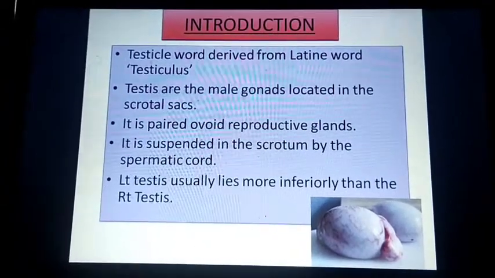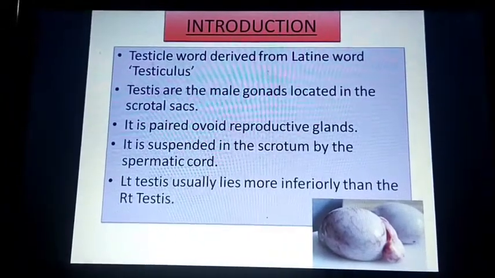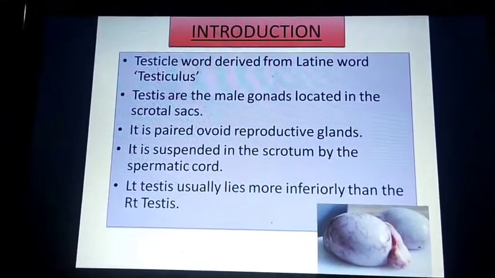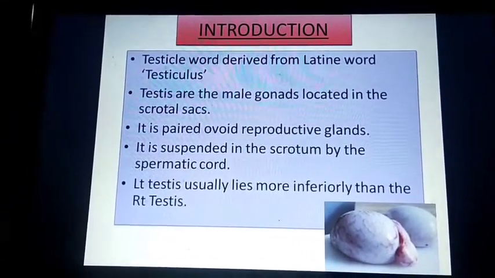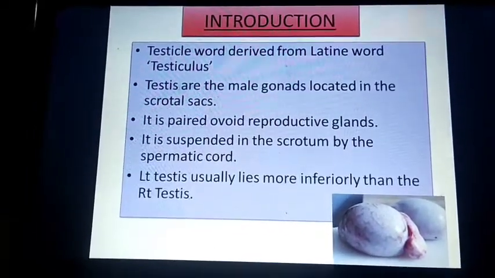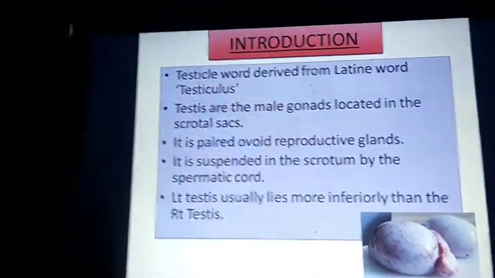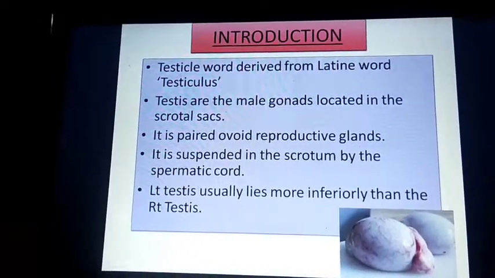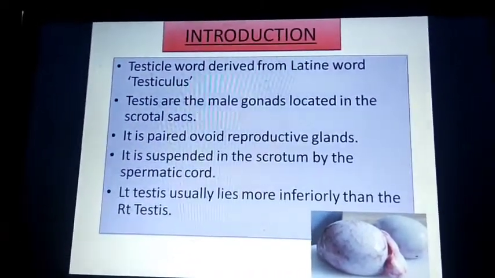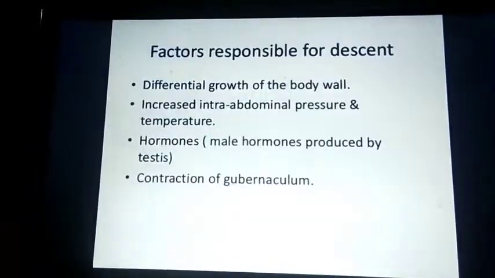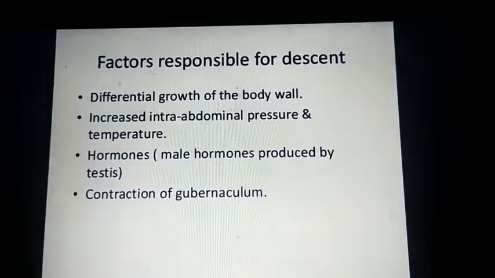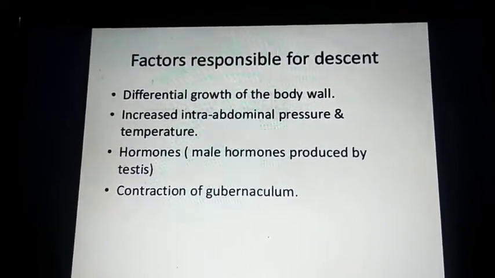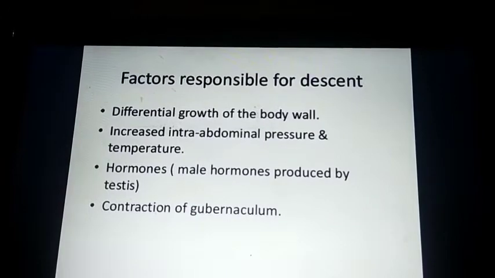The left testis usually lies more inferiorly than the right testis because the blood supply is different between the right and left testis. Now, as already told, during the descent of the testis there are some factors responsible for the descent.